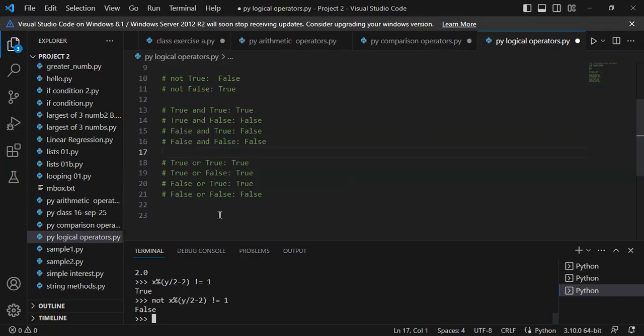Now, when you are applying these logical operators and relational operators in conditional statements, this thorough understanding will help you.